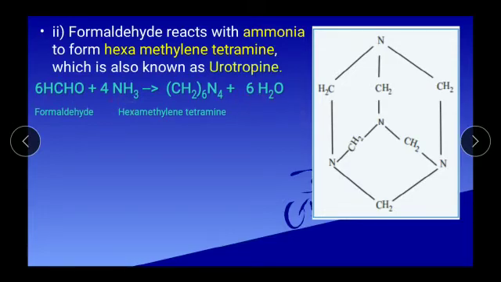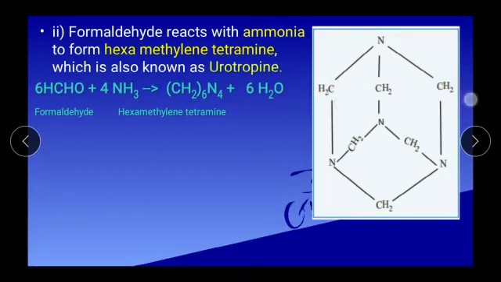Let us move to the structure, children. Here the structure is given. This is the structure of urotropine. While writing the structure, we have to start with this nitrogen. First we write this nitrogen, then single bond CH2 bonded with nitrogen, then this nitrogen bonds with CH2 and CH2.